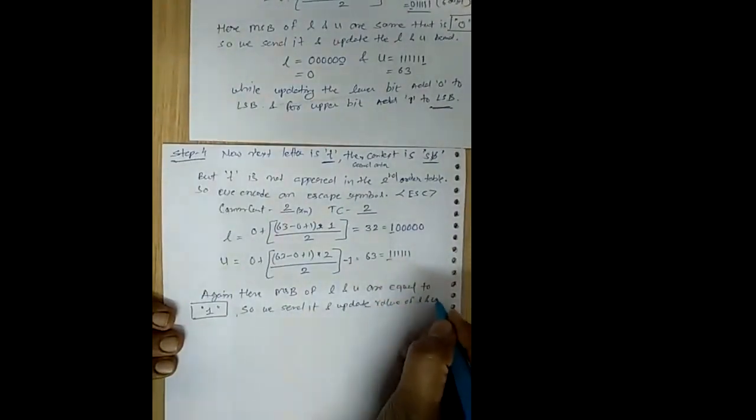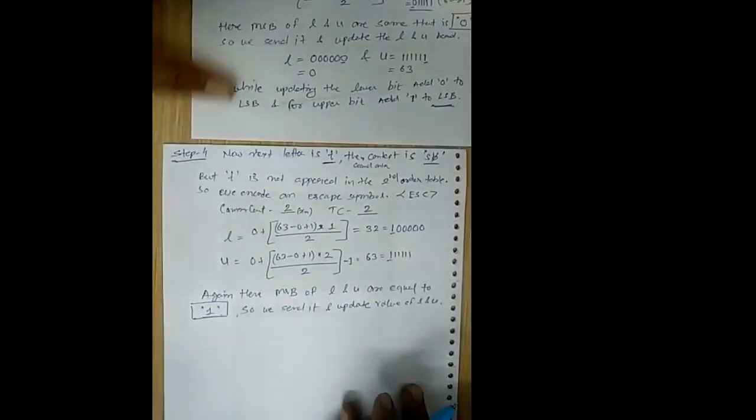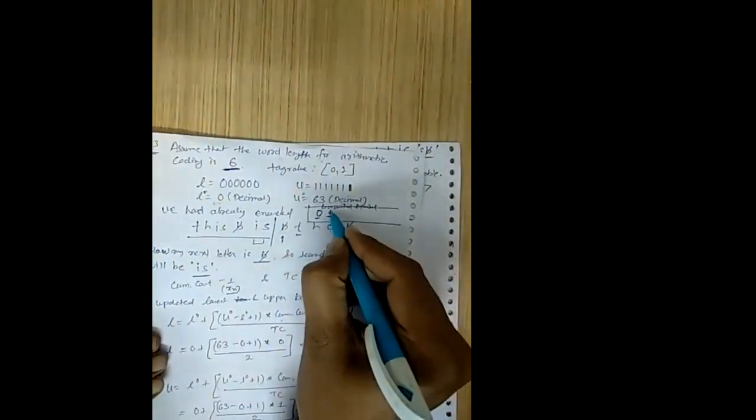So now till now I have sent only 0. ठीक है, initially हमने देखा था यहाँ पे हमने 0 send किया था. Now the next bit which I have sent, that is 1. Next bit यहाँ पे मैं 1 send करूँगा. Okay.